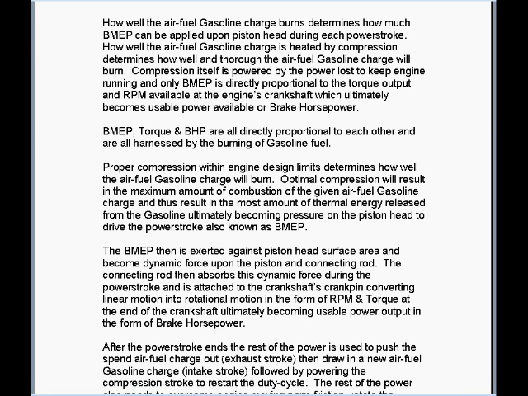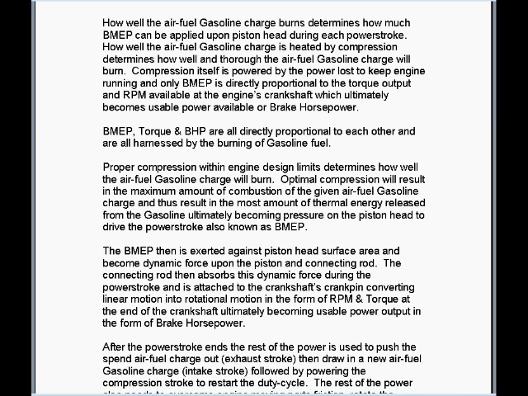Compression itself is powered by the power lost to keep the engine running, and only BMEP is directly proportional to the torque output and RPM available at the engine's crankshaft, which ultimately becomes usable power available, or brake horsepower. Brake mean effective pressure, torque, and brake horsepower are all directly proportional to each other and are all harnessed by the burning of gasoline fuel.